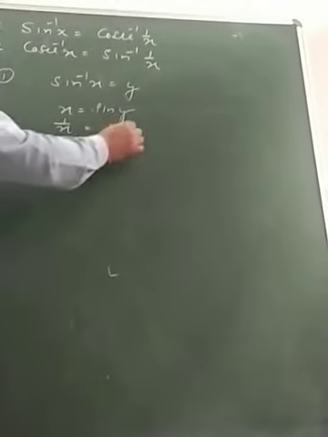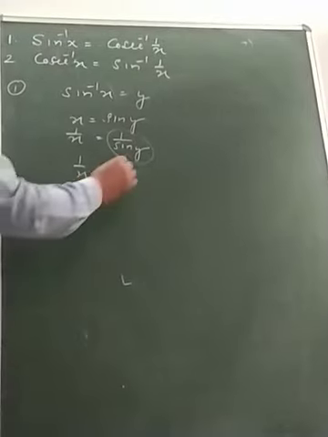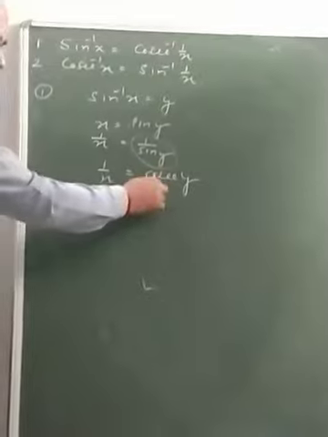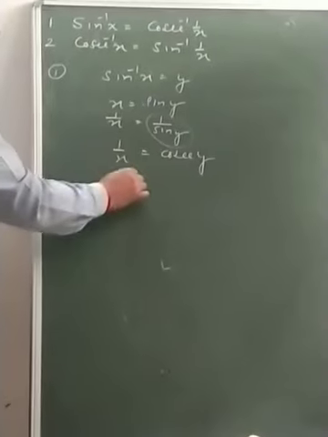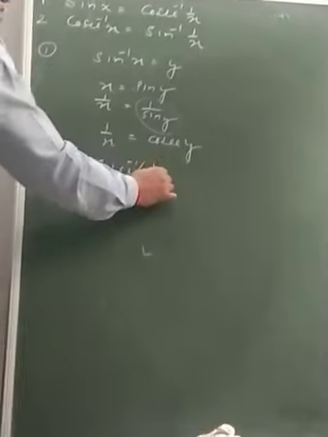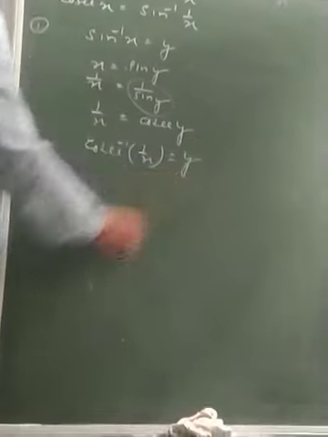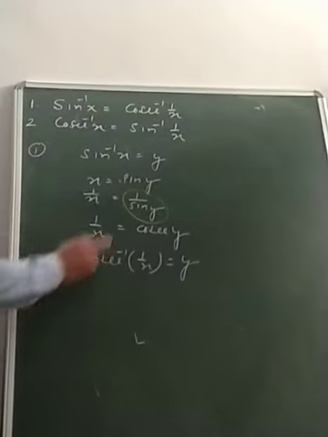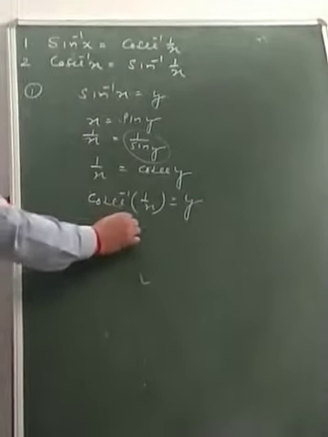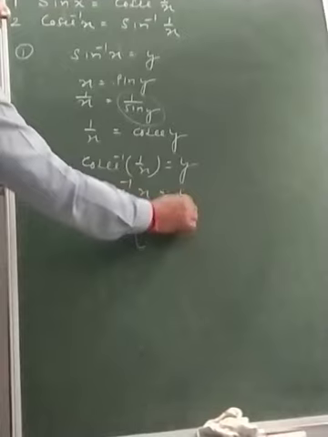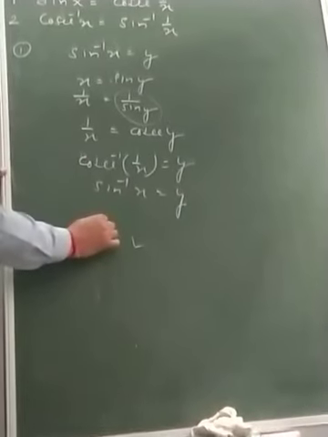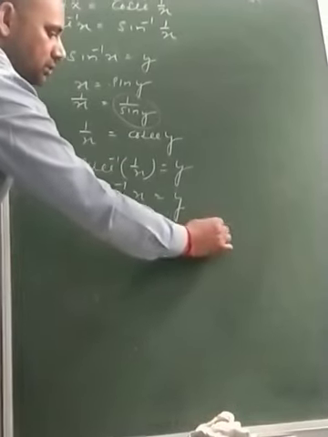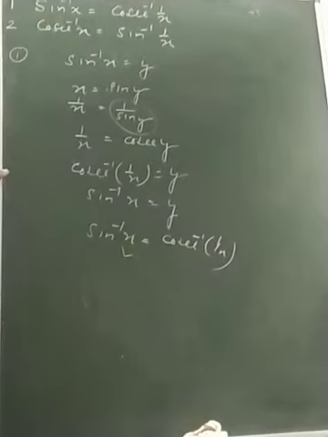You know 1 by sine y is written as cosecant y, and so y is equal to cosecant inverse 1 by x. And y is equal to sine inverse x. It means both are equal. You can write sine inverse x is cosecant inverse 1 by x.